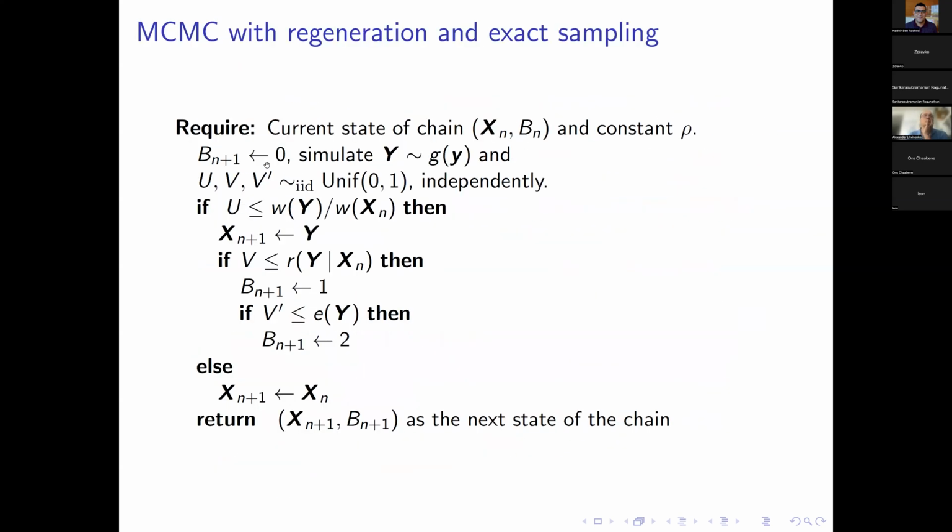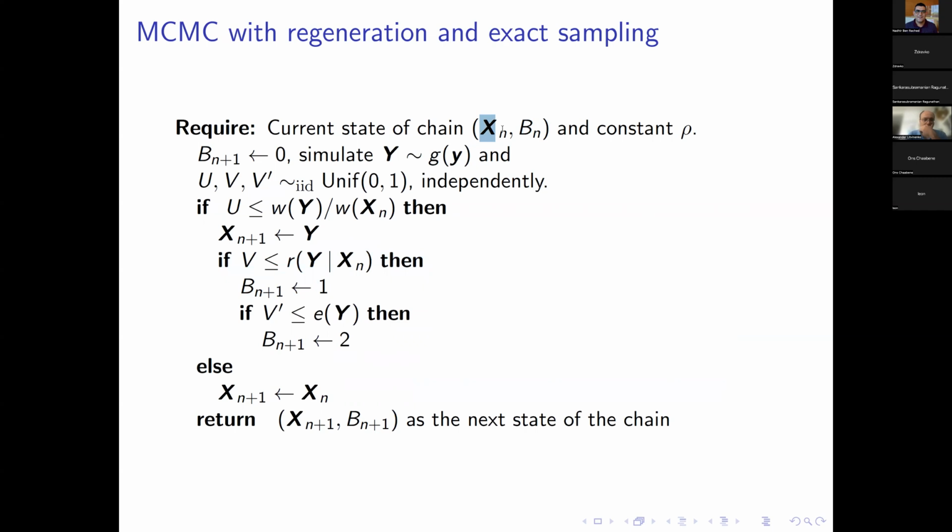So the algorithm looks something like this: given the current state of the Markov chain, you always keep another variable Bn. If it is 0, then this xn is interpreted as just an unremarkable state of a Markov chain. However, if Bn is 1, then we have a regenerative event.